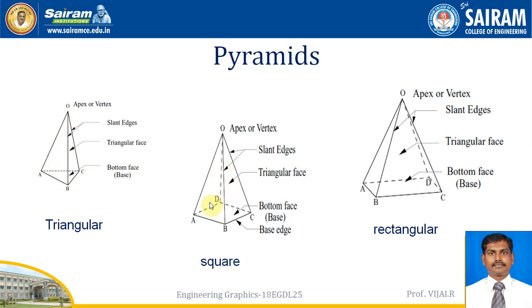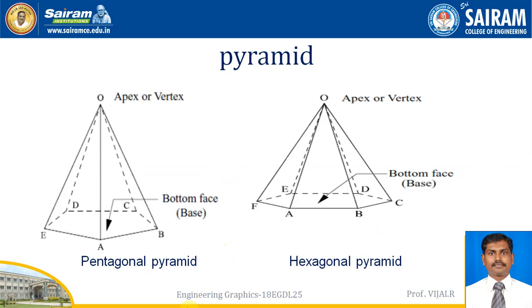Based on the shape of the bottom, it is called a rectangular pyramid, square pyramid and triangular pyramid, that we know. In a pentagonal pyramid, the base is a pentagon and it is joined with the apex through triangular faces.